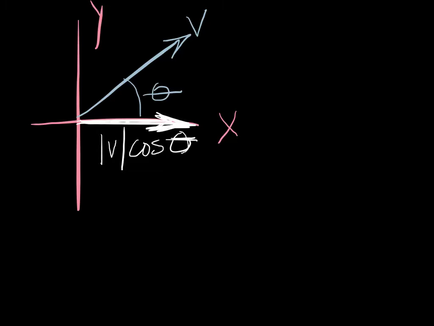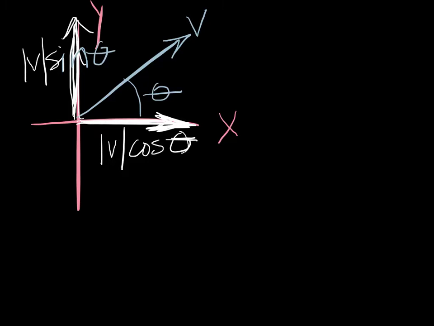Then, to figure out the vertical component, again dealing with vectors that have an angle theta with the x-axis, I find it by multiplying the magnitude of vector v times the sine of theta.